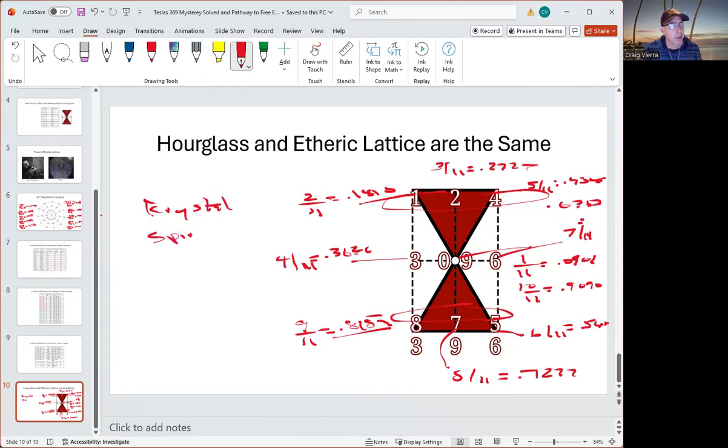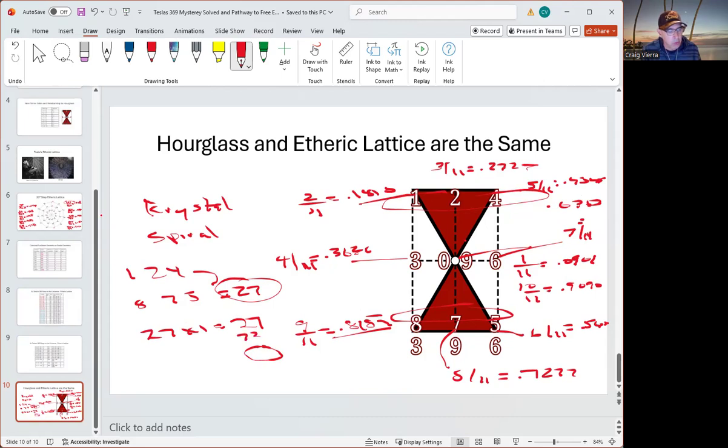And if you add those numbers up, 1, 2, 4, and it goes 8, 7, 5, you add all of these up, you get the number 27, which is characteristic of the crystal spiral. 27 times 1. This is the first concentric ring, and if you go 72, the rotation goes in the opposite direction.